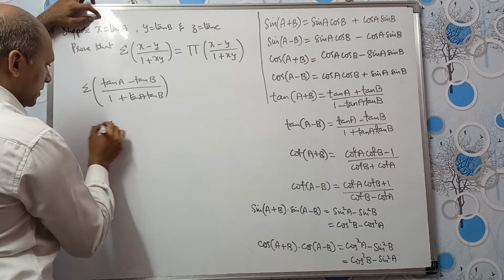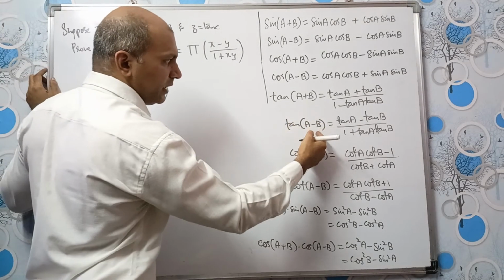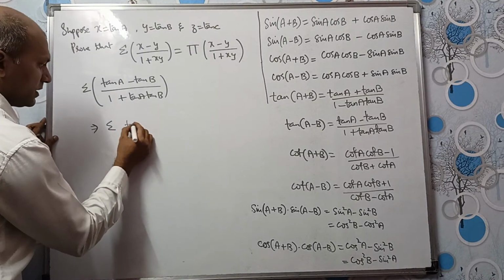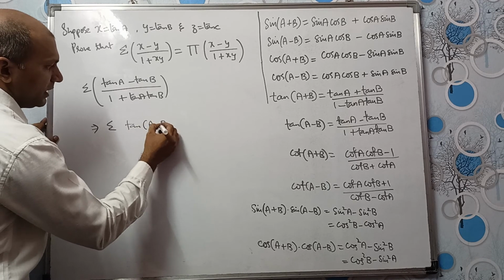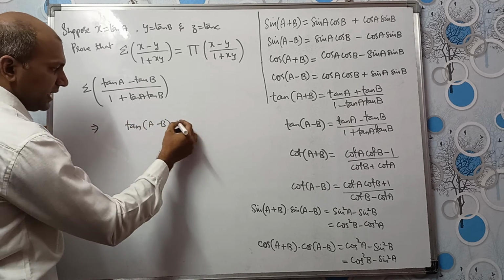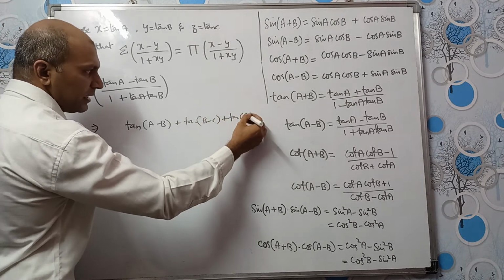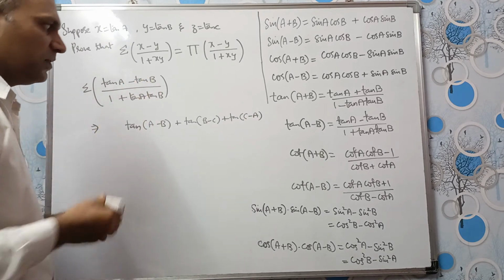So this is summation of the tan (A minus B) formula. So this is tan (A minus B). If you remove this sigma, it will be tan (A minus B) plus tan (B minus C) plus tan (C minus A), right?